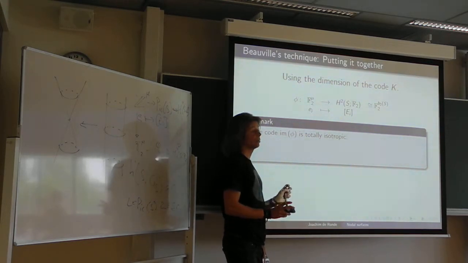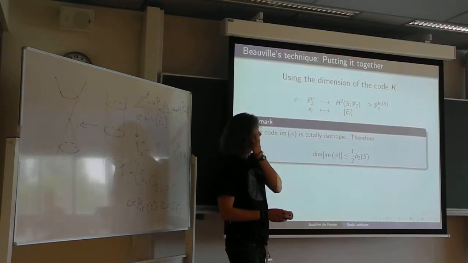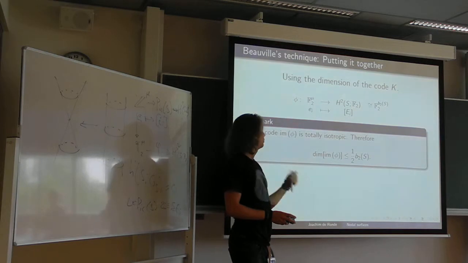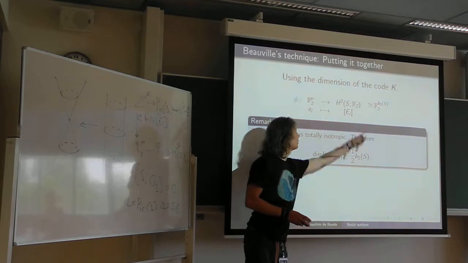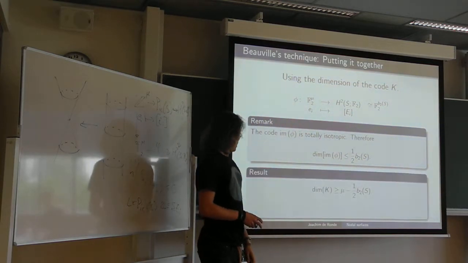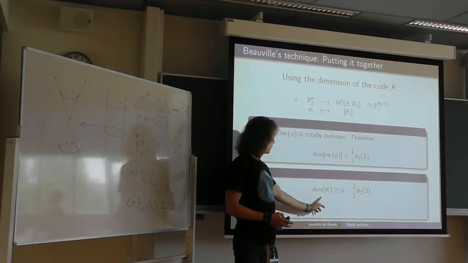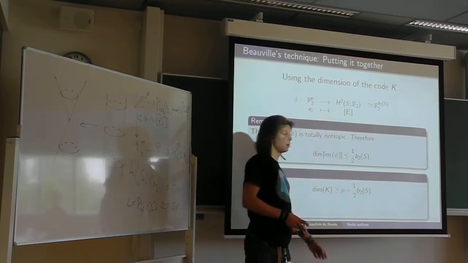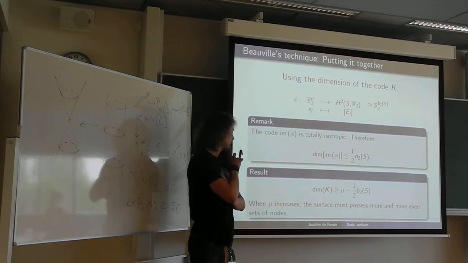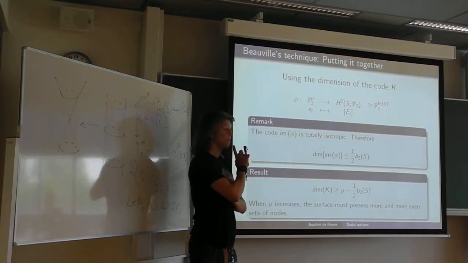What do we know about totally isotropic codes? Well, the dimension is never bigger than half the dimension of the ambient space. So we are obtaining this inequality. There's half the dimension of the ambient space there. Using the standard dimension theorem from linear algebra, we obtain that our kernel, we call it K, has dimension at least mu minus half the second Betti number of S. A really important interpretation of this is that if we fix the degree of S, one can show that the Betti number only depends on the degree.